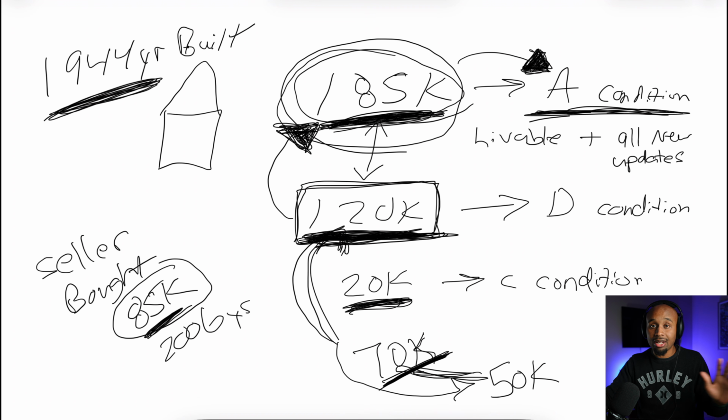That's really what every investor wants to do. We just want to do paint and touch-ups here and there. We don't want to get in there and start knocking the walls down and pulling the sheetrock off and redoing the floors. We don't really want to do that.